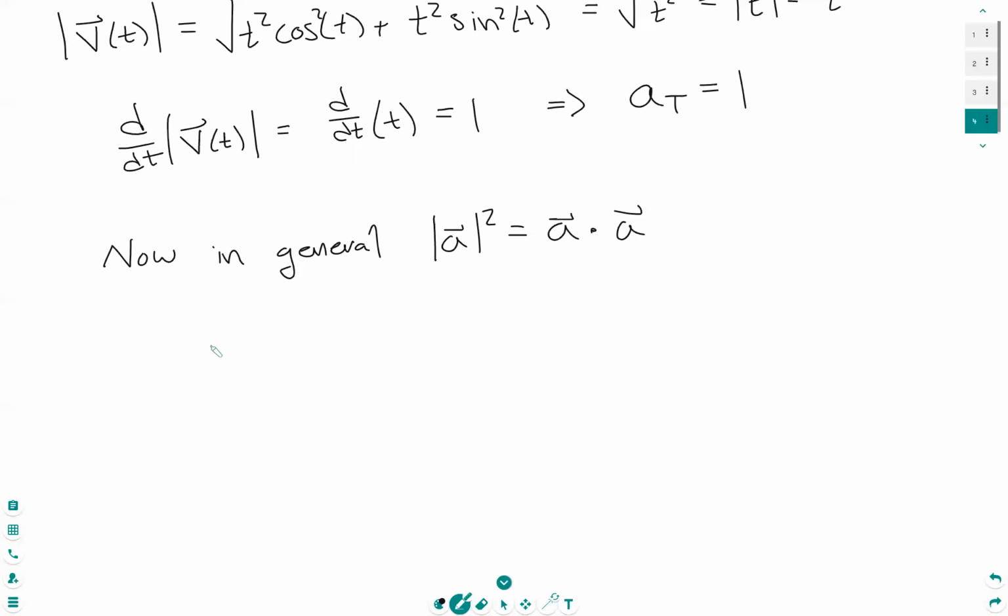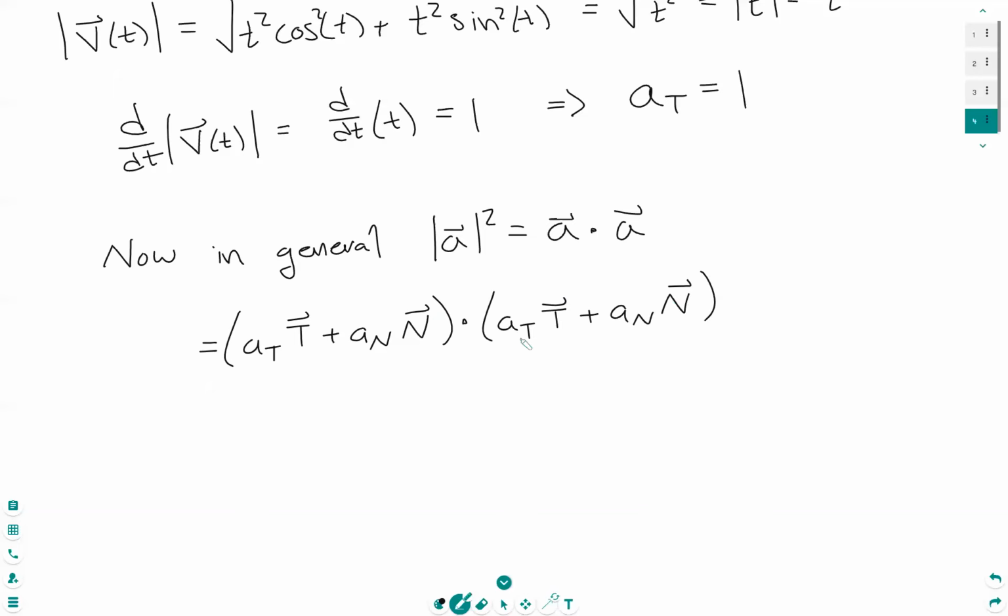Right? Well, if I plug in my definition for acceleration, this is at in the t direction plus an in the n direction, dotted with at in the t direction plus an in the n direction.